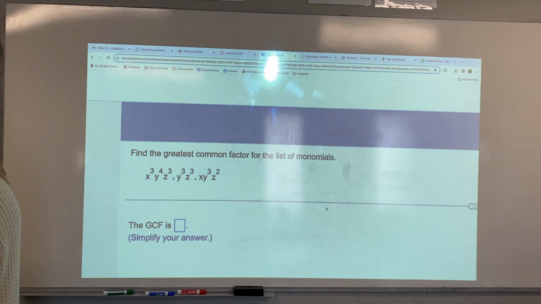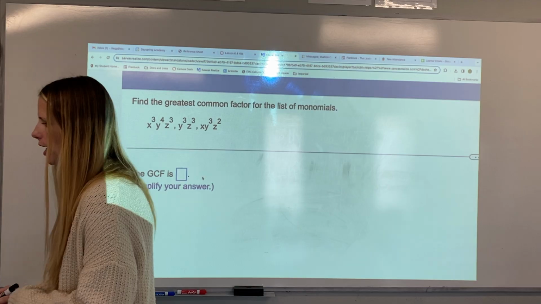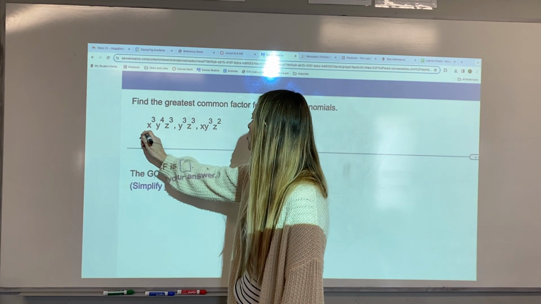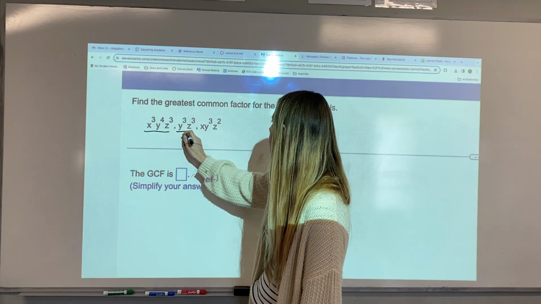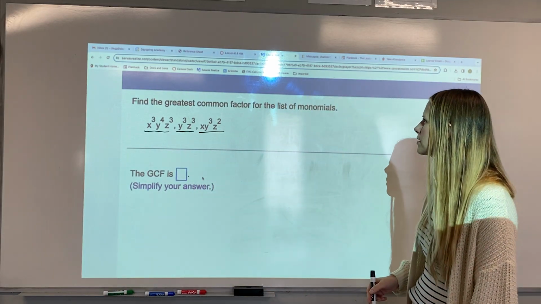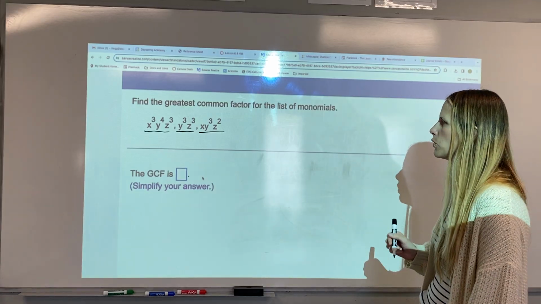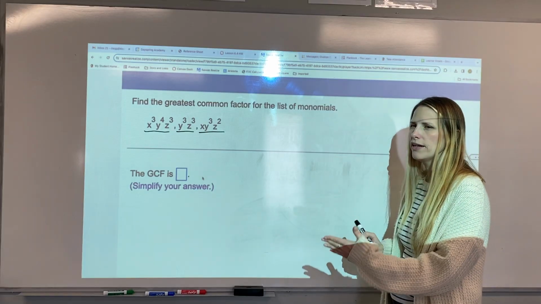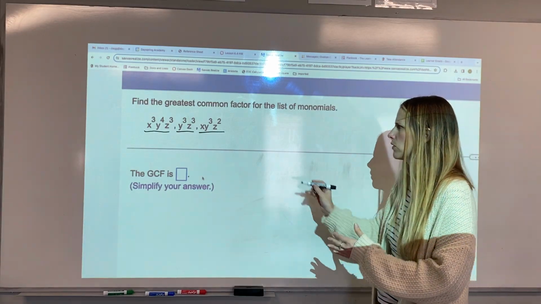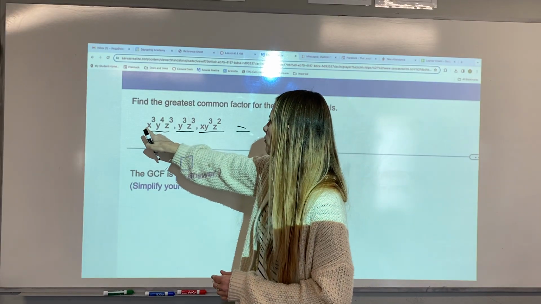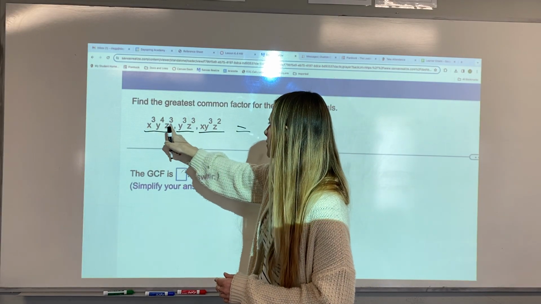Oh my goodness, that is a lot of terms. Okay, we've got term 1, term 2, and term 3. Find the greatest common factor for the list of monomials. So you're going to have to work one variable at a time. First, we're going to decide what is the greatest common factor of the x's.